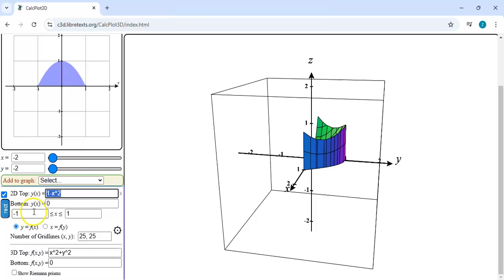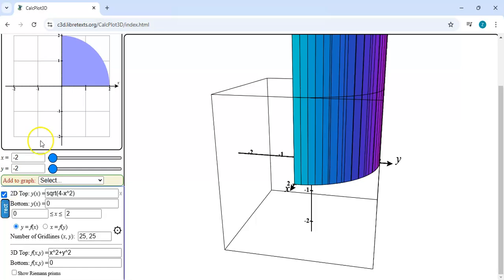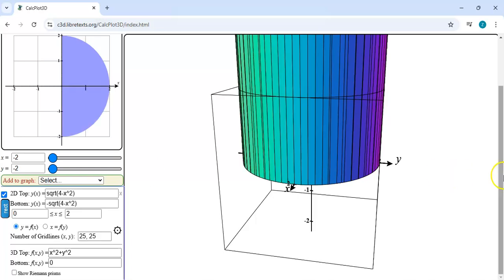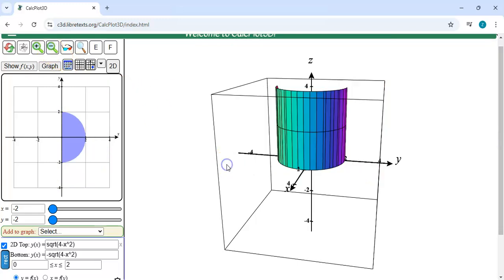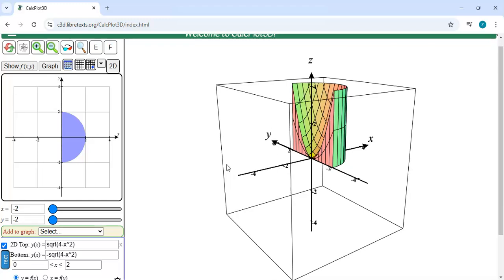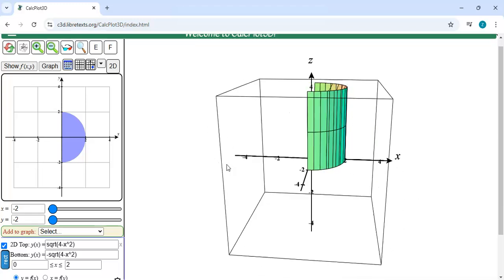So in this case, x will be going from 0 to 2. And if I just do square root of 4 minus x squared, this only gives me the quarter circle. To include the bottom, I want to do the negative square root as well. And this is gross on the page, so I'm going to zoom out once. And now you can see we're above a semicircle and below the bowl, so this is the volume that we're talking about.